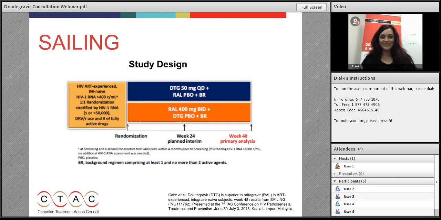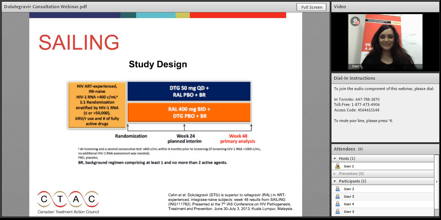So now that we've compared dolutegravir to raltegravir for people who haven't taken treatment before, the saline trial consisted of 725 HIV integrase inhibitor naive but antiretroviral experienced patients.